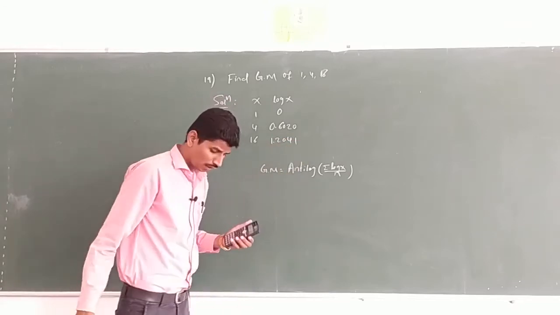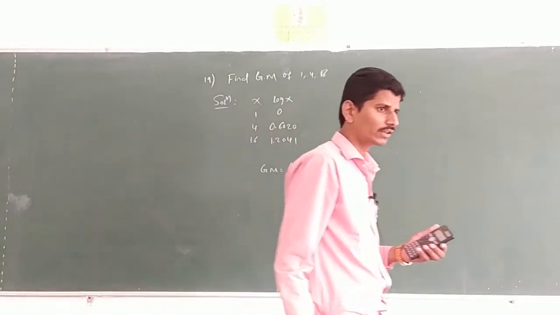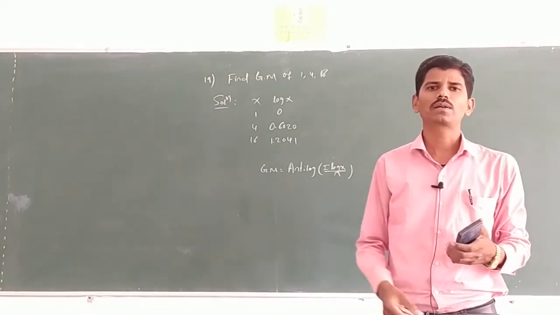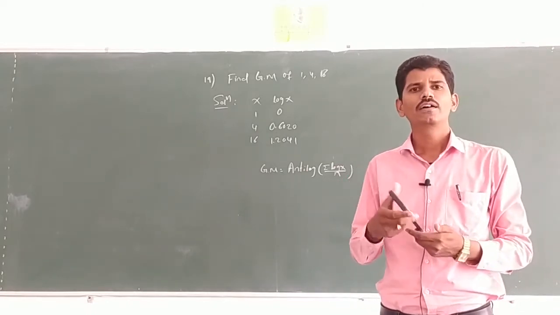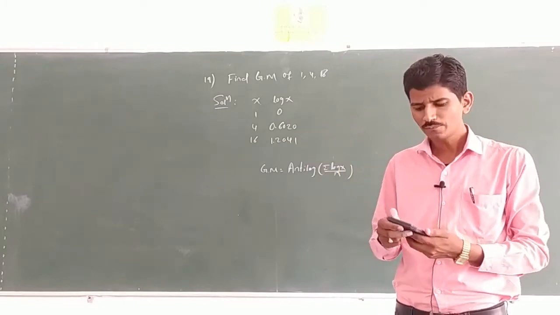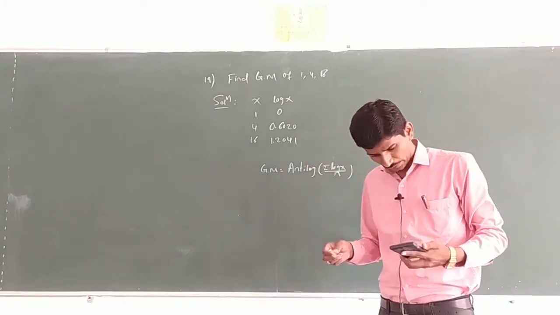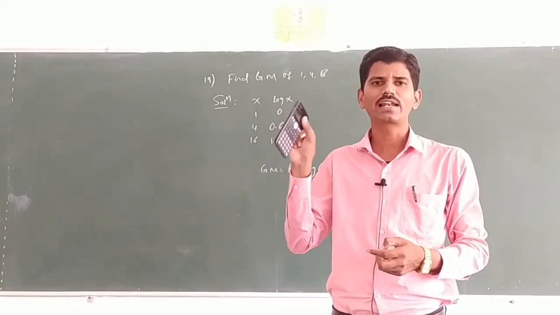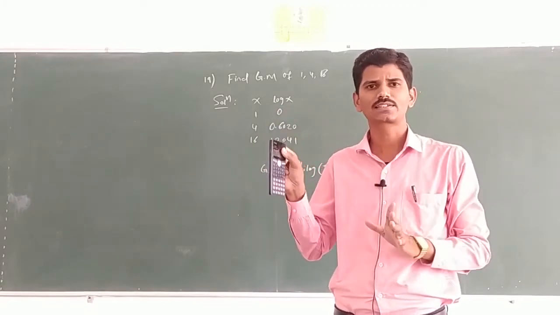How to calculate logarithm and anti-logarithm we discussed in the last class, by using the logarithm table, otherwise we have to use a scientific calculator. You have to use a scientific calculator only in statistics.